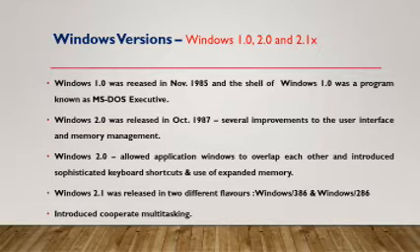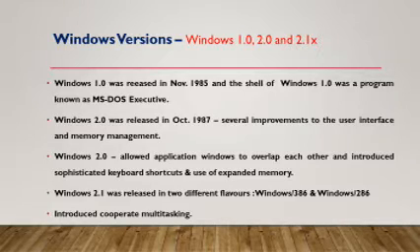So Windows 2.0 was an updated version of Windows 1.0, released in October 1987, with improvements to the user interface and memory management, sophisticated keyboard shortcuts, and use of expanded memory.